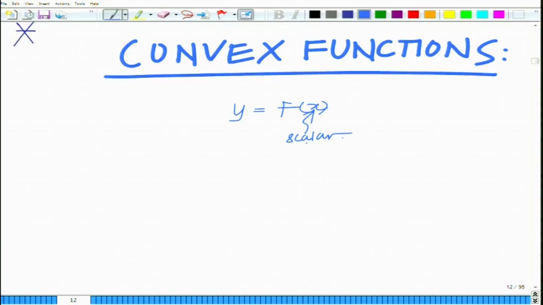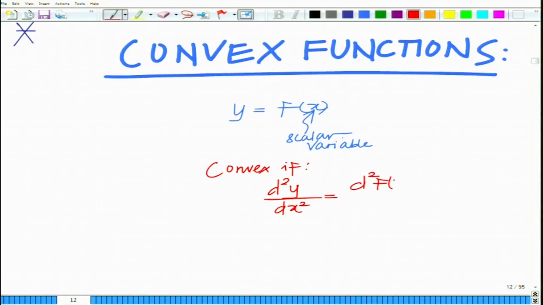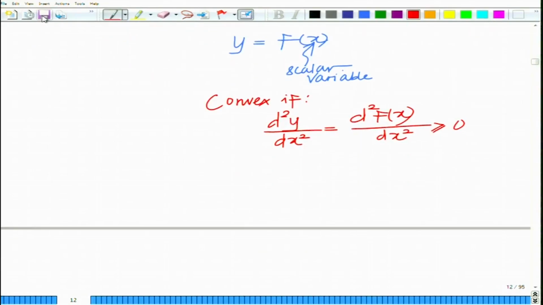So, this is a scalar variable, and this is convex if d square y by dx square equals d square f of x by dx square, that is the second derivative, is greater than or equal to 0.